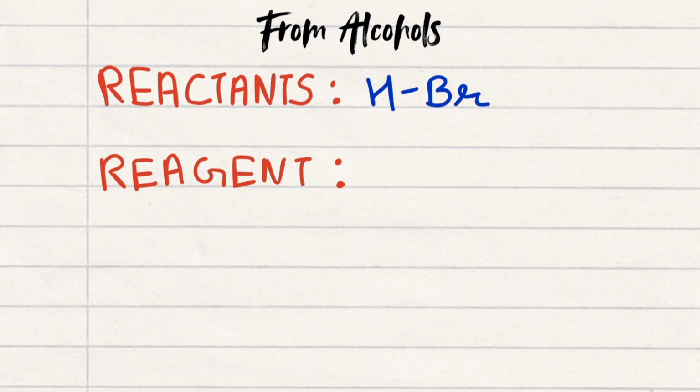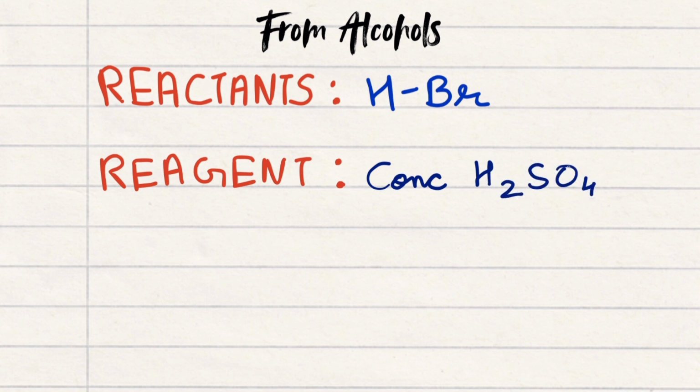Next method is from the same, using hydrogen bromide. Here the reagent used will be concentrated sulfuric acid. How to write it? Concentrated is abbreviated as CONC, and sulfuric acid is, as we all know, H2SO4.